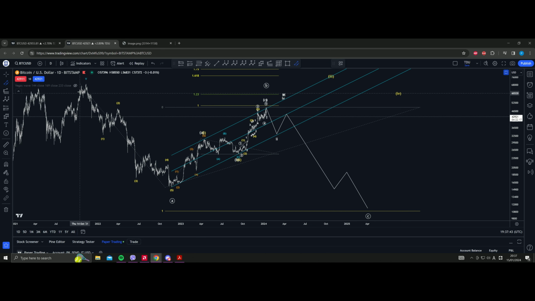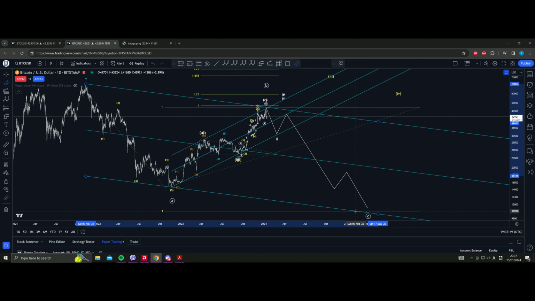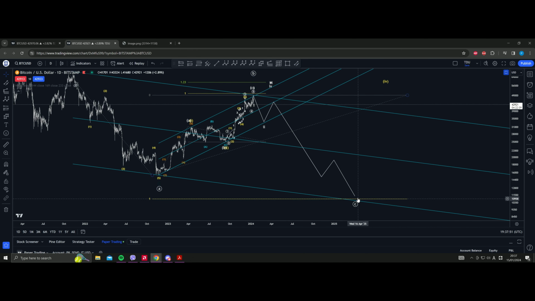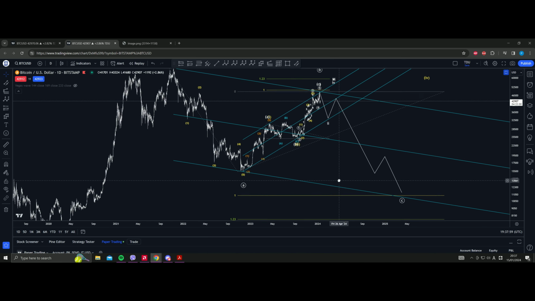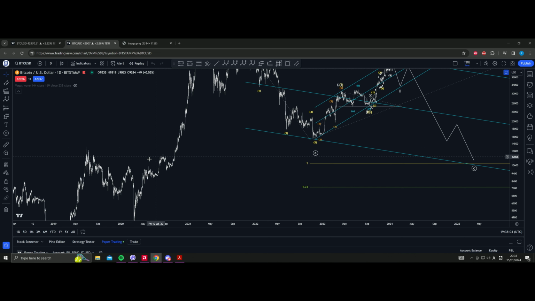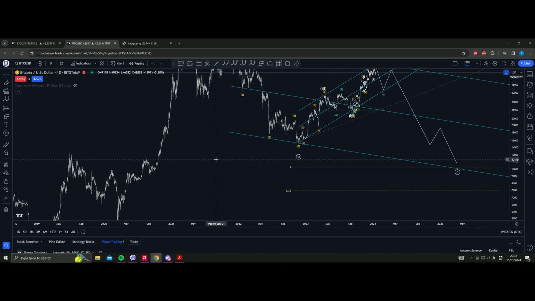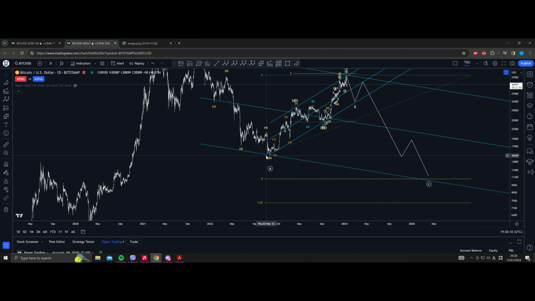Then we can project a channel to the top and here in the bottom, and then it's a really nice little confluence zone of a 1 to 1 on the bottom of the channel where we could land and look for the end of the correction. And also we have this support here that hasn't been tested yet, since we pivoted here.